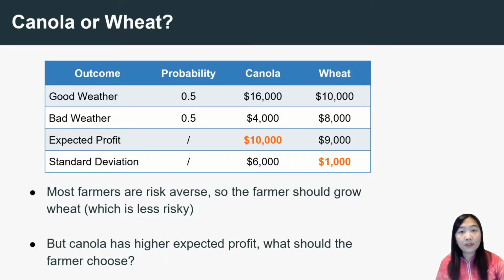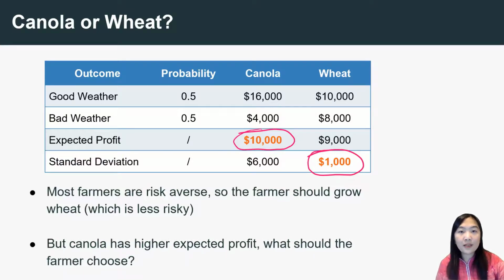The producer is deciding whether to grow canola or wheat. Based on expected profit, canola has a higher expected profit. However, the standard deviation of wheat is lower, which means wheat is less risky.